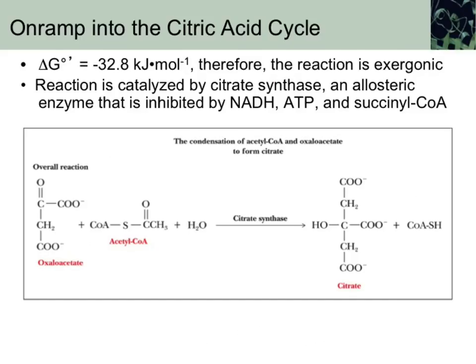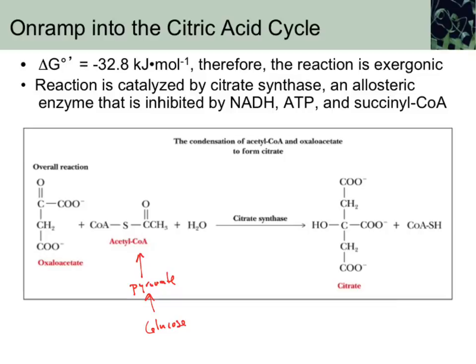Okay. So the rest of these slides are pretty much looking at each of those individual steps and saying, let's break it down again and look at all the pieces. Okay. So our on-ramp is what they like to call it, taking oxaloacetate and converting it into citrate using our acetyl-CoA. Where did the acetyl-CoA come from? Pyruvate. Where did pyruvate come from? From glucose.